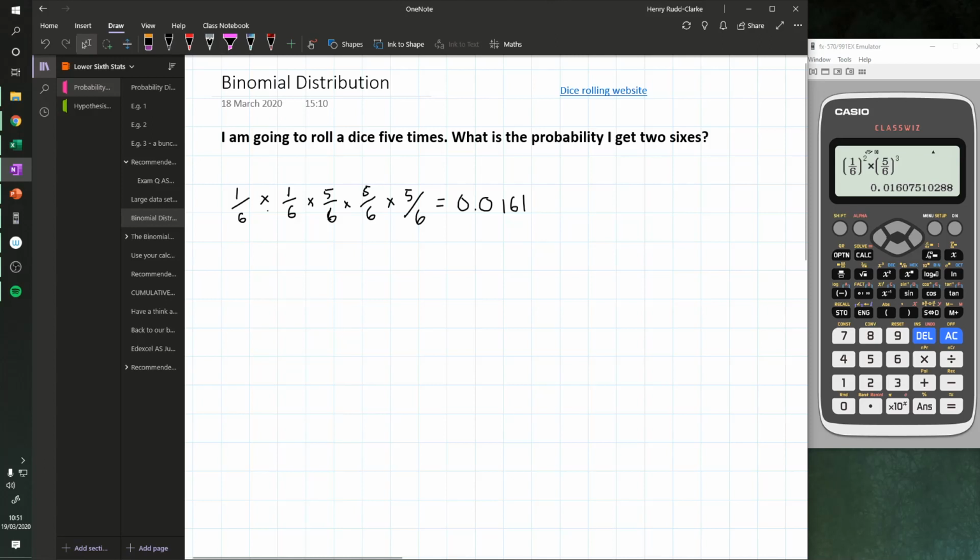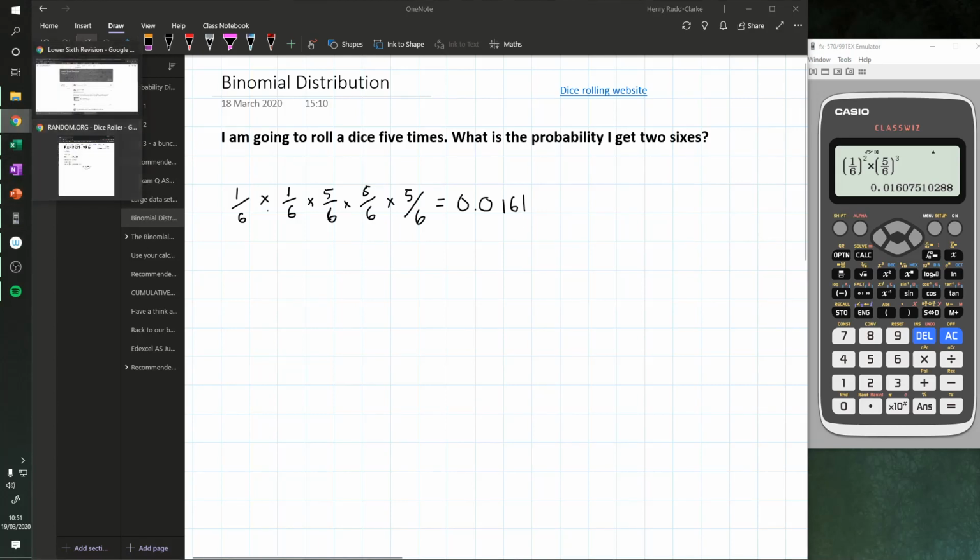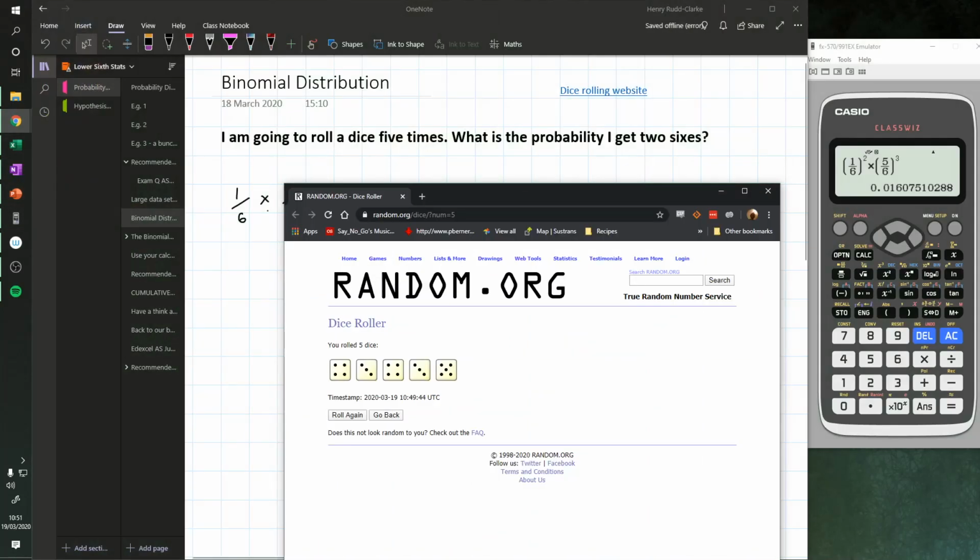There's a problem with this because this is not the only way that this could happen. If I roll a dice 5 times until I get 2 6s, which I'm not going to do live because, oh, I got it. So here, 2 6s, but they didn't happen in this order.